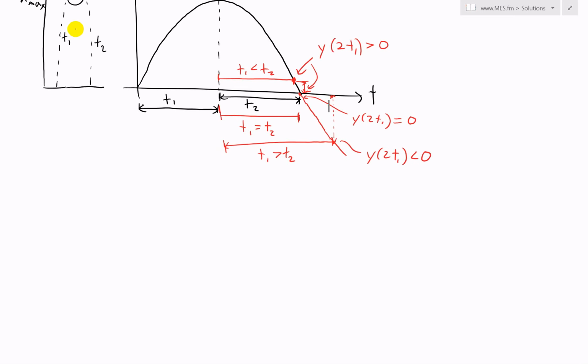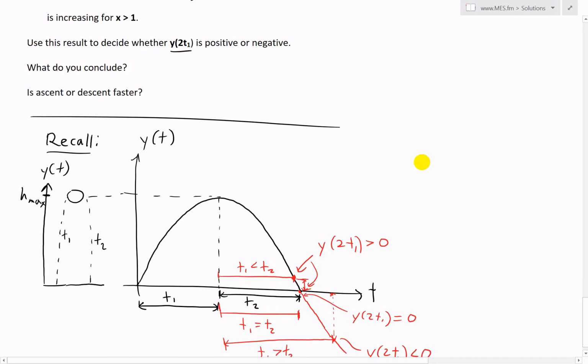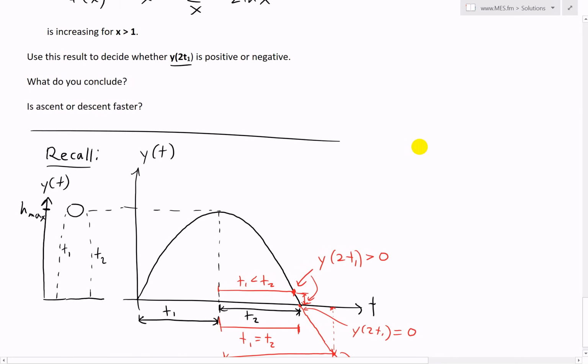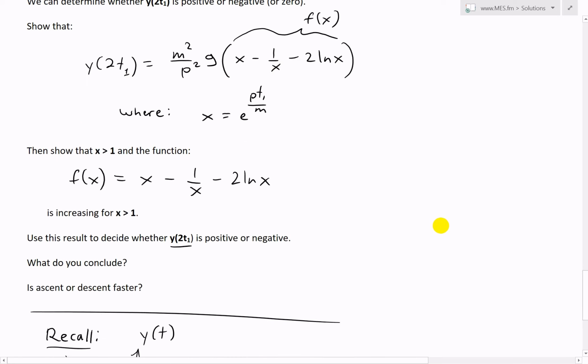So let's go ahead and start solving for y of 2 t1, and then decide if it's positive or negative. The first part of the question is to show that y of 2 t1 is equal to all this.